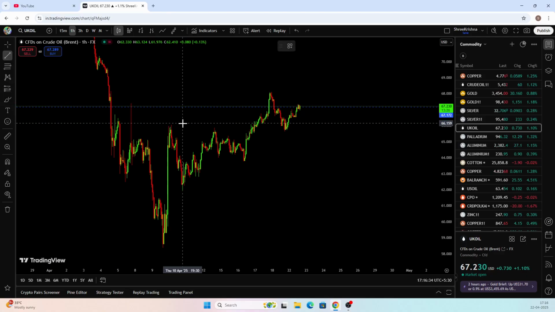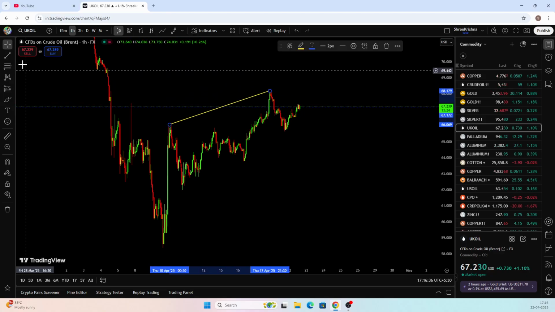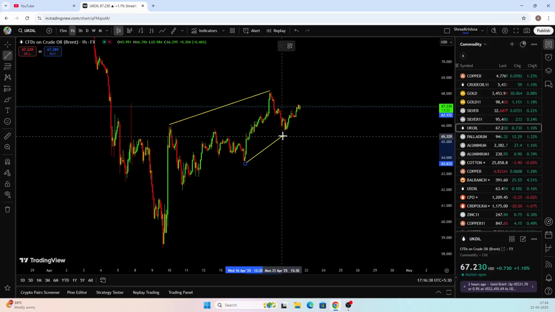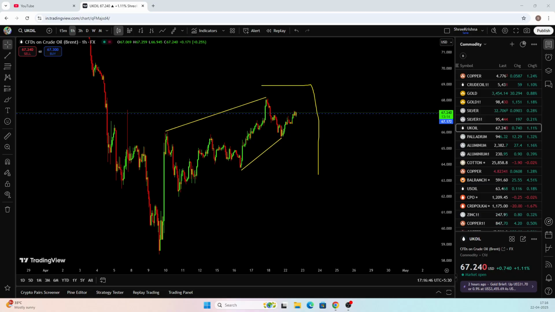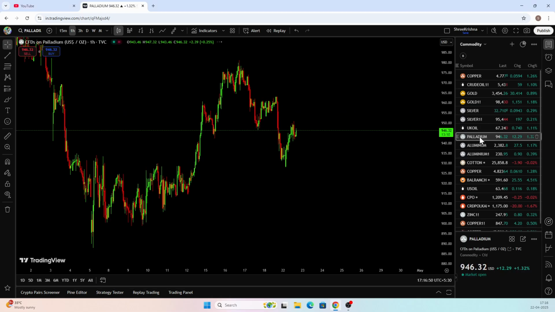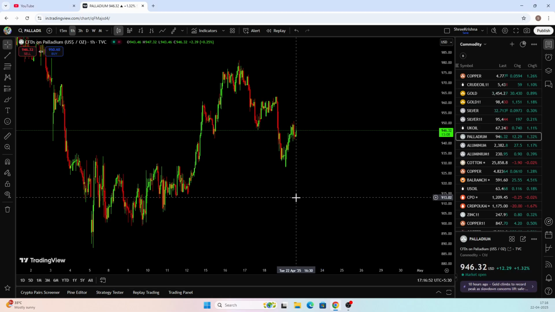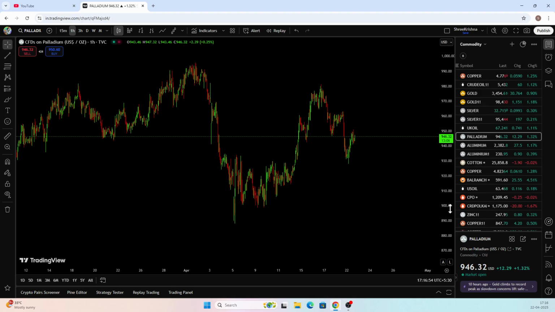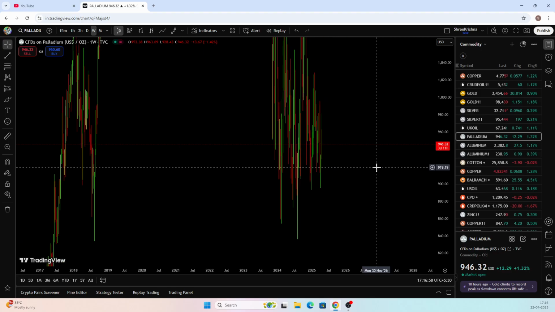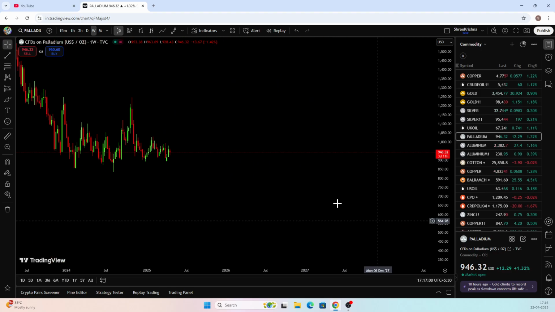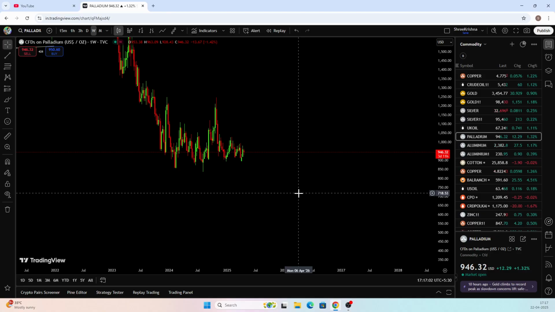Oil is showing that it is likely to head up one more round before coming down to 69. So it's heading for 69. Palladium, yeah, this will make some noise, and it is in congested pricing now.